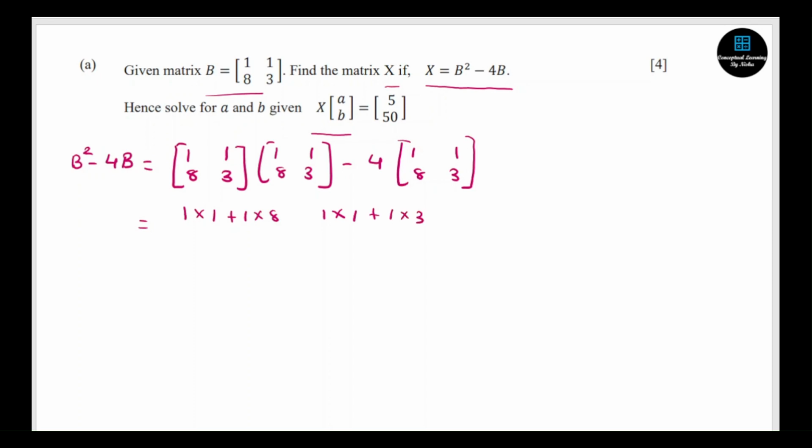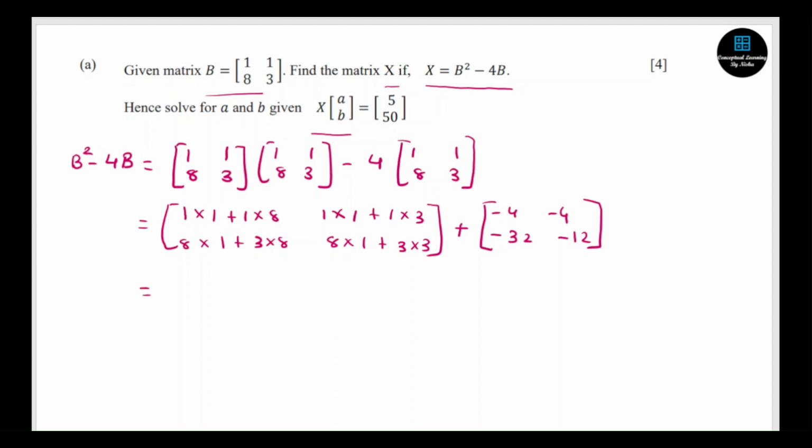Now second row, first column, so 8 into 1 plus 3 into 8. Here what do we get? 8 into 1 plus 3 into 3. Alright. Minus. If you multiply it by minus 4, then I am putting plus sign here, and minus 4, minus 4, this is minus 32 and minus 12.